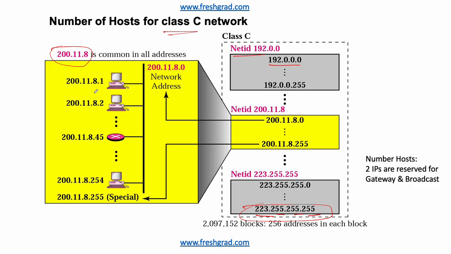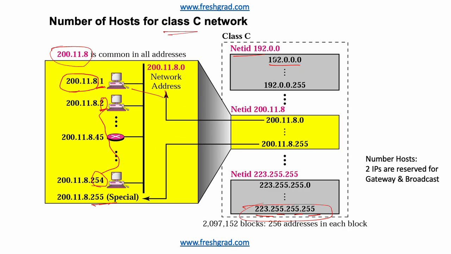In class C, the first address you always use as a gateway and the last as a broadcast. So you can have only 254 host IDs, basically computers or any end devices. You can assign anything from 2 to 254 to any of your computers.